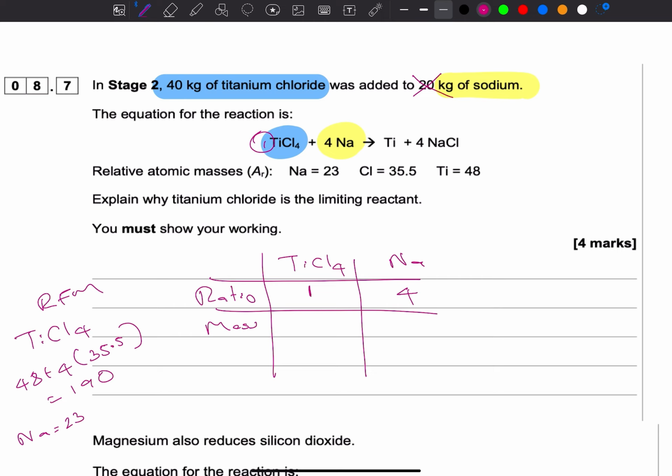So titanium chloride was 40 kg. 40 divided by 190, that simplified gives you 4 over 19. 1 to go to 4, you just times it by 4. You do the same thing, times it by 4. 16 over 19, just times it by the relative formula mass of sodium, which is 23. As a decimal it is 19.37 kg.